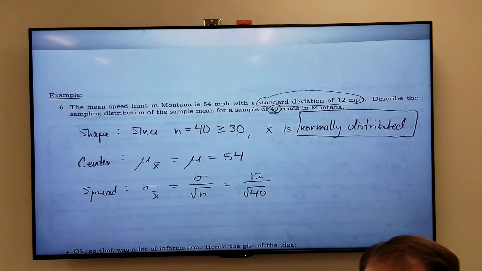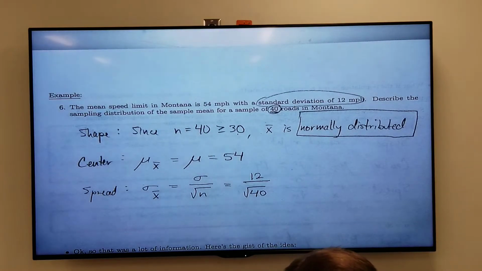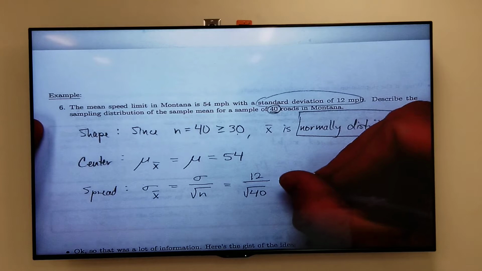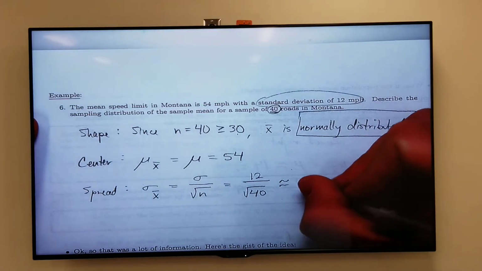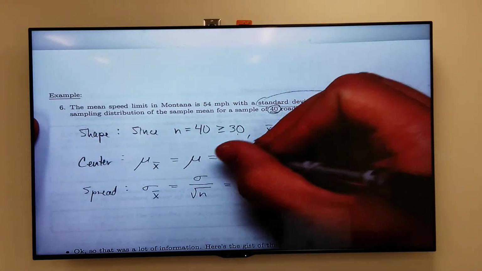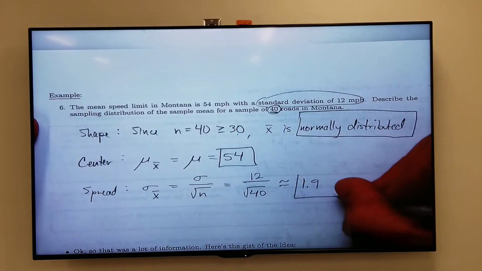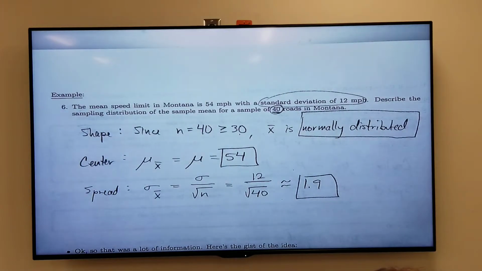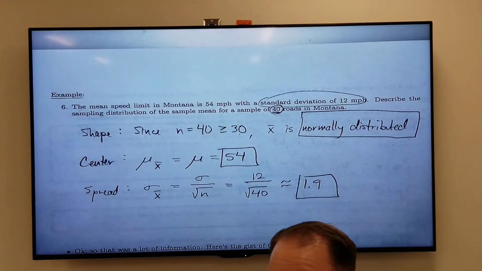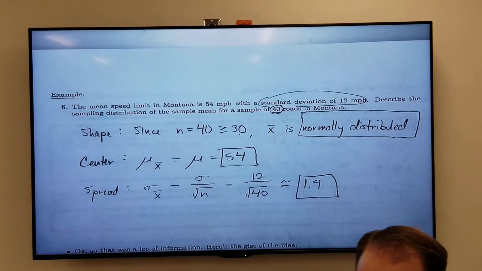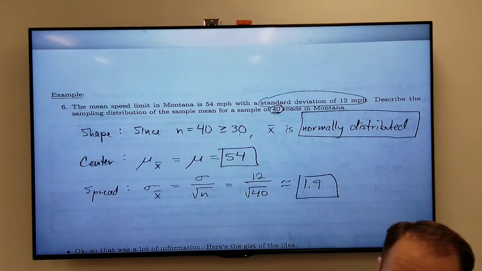So the spread is 12 divided by square root of 40. Let's see about how much that is. 12 divided by square root 40. That comes out to about, we'll say, about 1.9. Okay, and that's that.